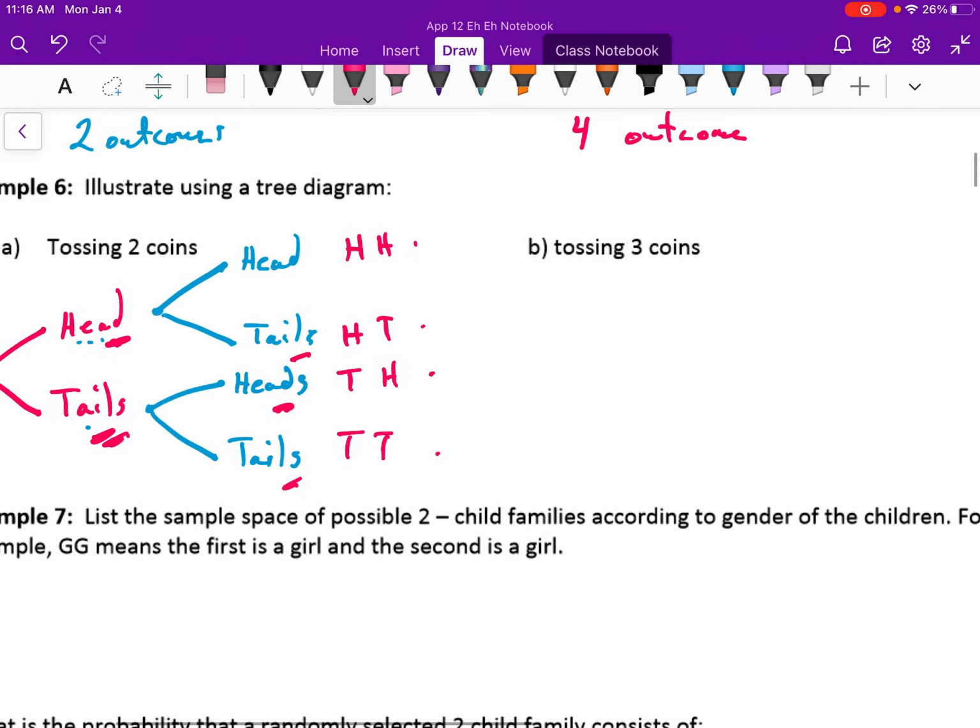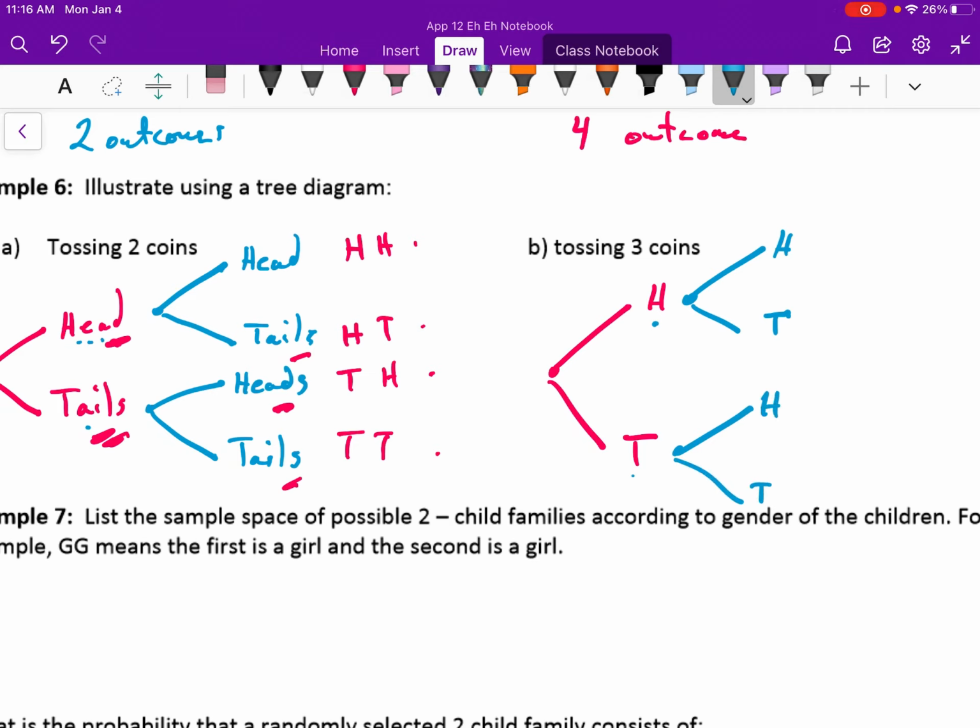Tossing three coins now. Here's my first toss of the coin. I could toss a heads, or I could toss a tails. Great. Here's me flipping my second coin. Now if you notice, for every outcome I put another dot and I split it apart. My second coin, I could toss a heads or I could toss a tails. And again, I have to repeat that process.